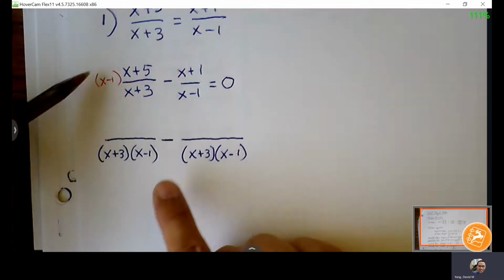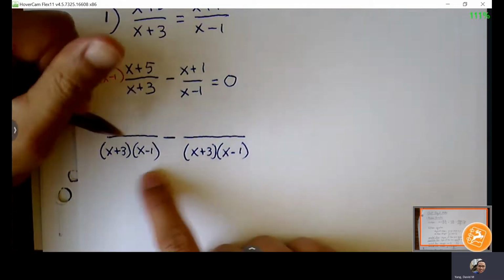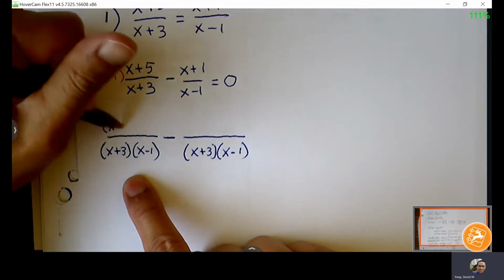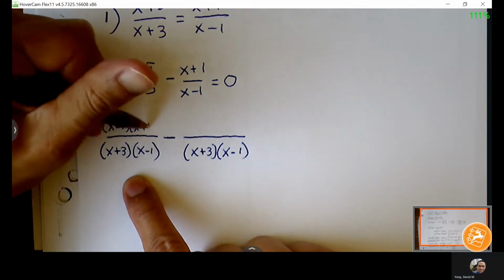If I balance the numerator by x minus 1, then my new numerator is going to be x minus 1 and x plus 5.